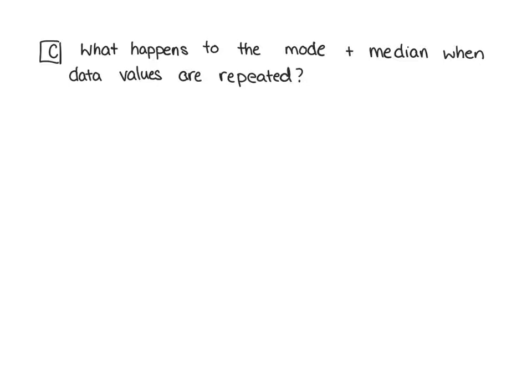Part C of our investigation asks you what happens to the mode and the median when the data values are repeated. So we're going to start with our definitions. The mode is the most common number in the data set.